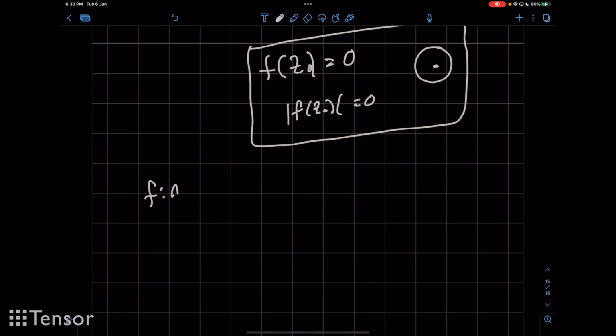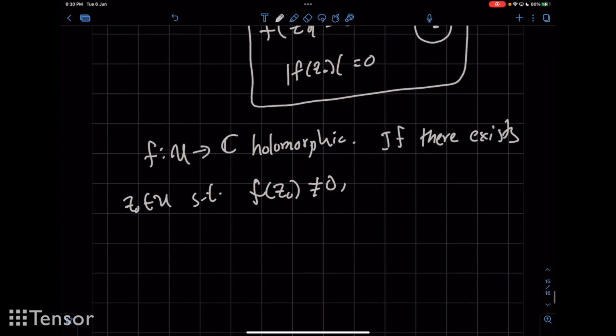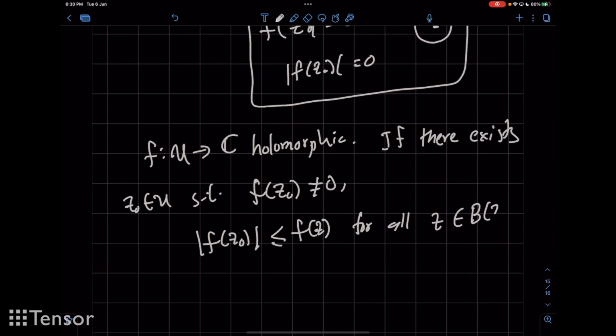So let's say f is a holomorphic function from U to C, and there exists some z0 inside U such that, first of all, f of z0 is non-zero, and the modulus of f of z0 is minimum for all z belonging to the open ball centered at z0 with radius r.